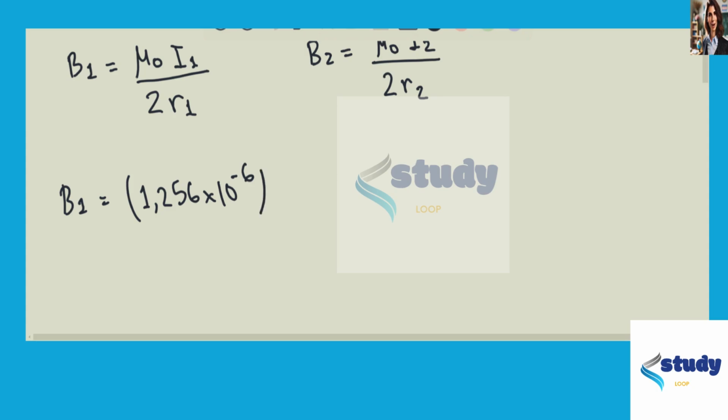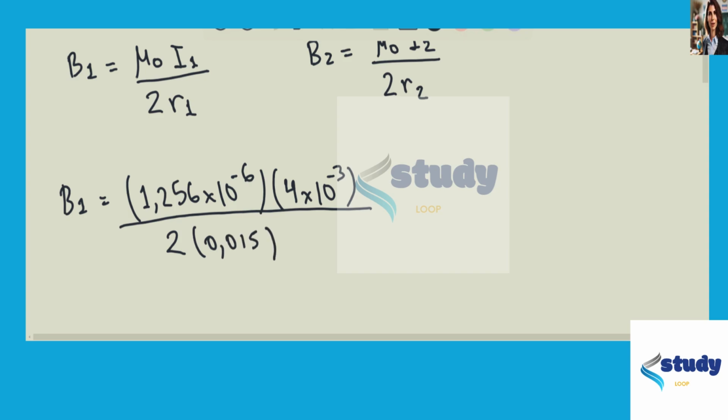We also have the current, which is 4 times 10 to the minus 3, and we have this over 2 times the radius of the first loop, which is 0.015.